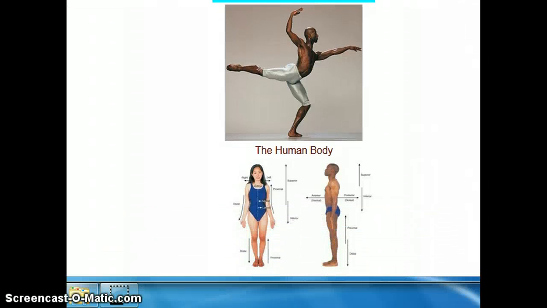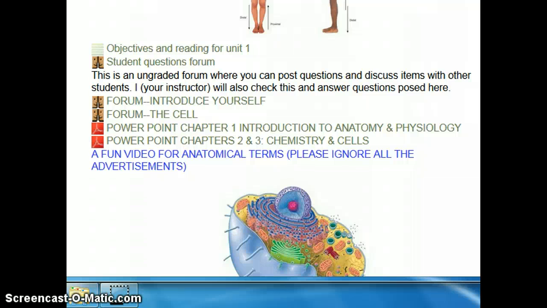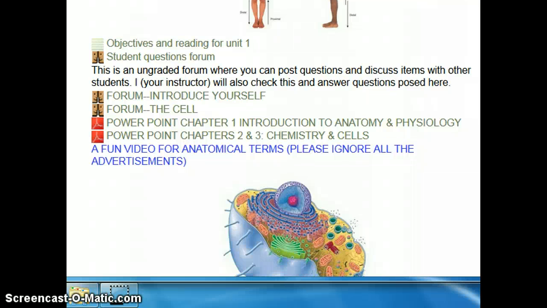All right, so here's the first unit, first week. There are going to be forums, at least 1 every week. This first week there are 2, a forum to introduce yourself and a forum about the cell. I have PowerPoints that are narrated and some that are not narrated that describe the information that we are covering.